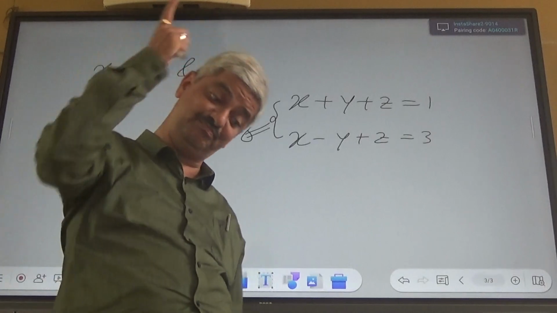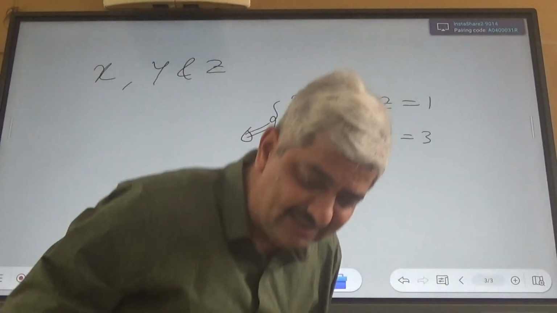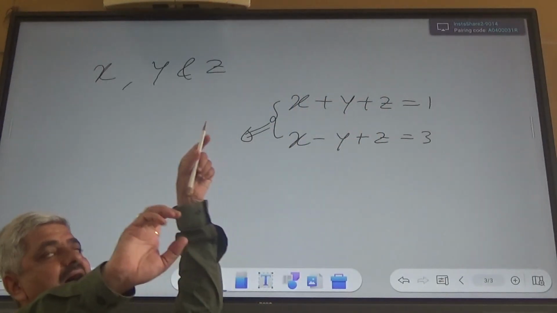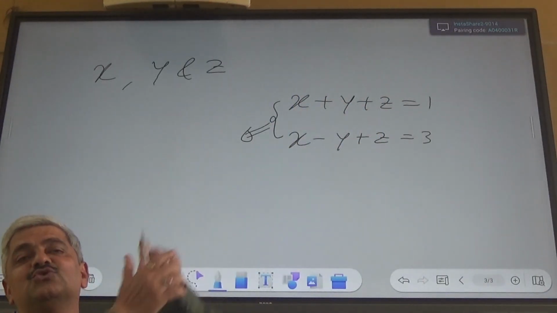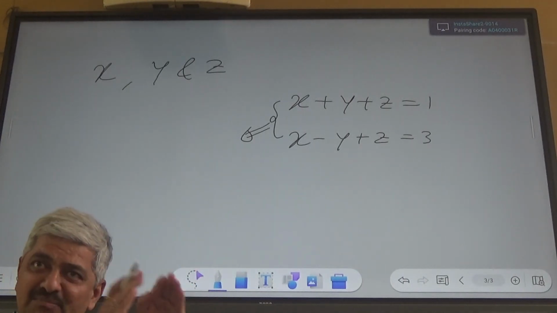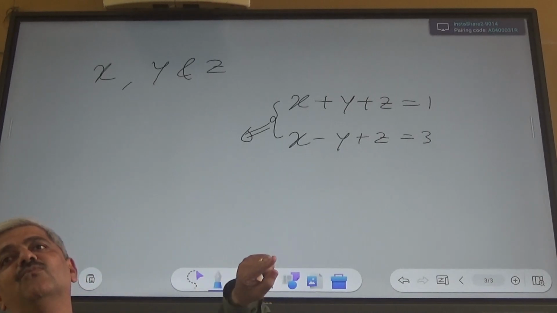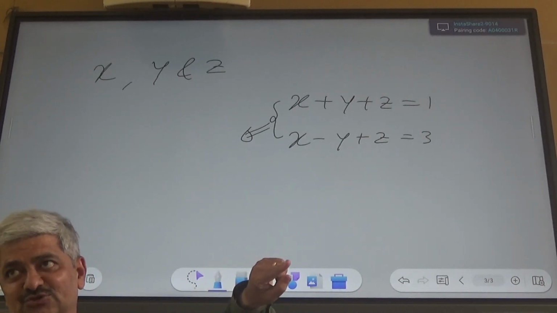Infinite solutions. In the previous case, in 2D case, we had one line which is having infinite solutions, another line infinite solutions. So when two lines meet, they meet only in a point which is unique. Finite solutions.